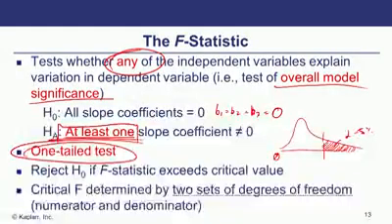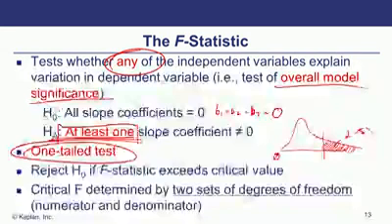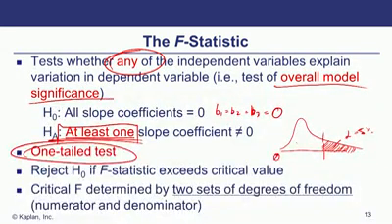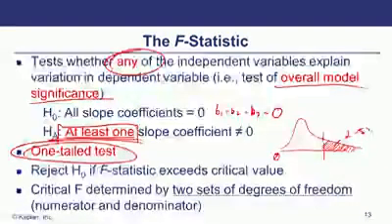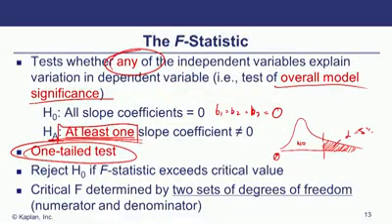And essentially what this test is saying is that if you don't reject, if you stay in the main body of the distribution, the answer to your question is no, the model does not work. So you fail to reject the null hypothesis, jointly the 3 slopes are equal to 0. But if you're in the right tail, then the answer to your question is yes, the model does have some validity because at least one of the slopes is going to be different from 0.